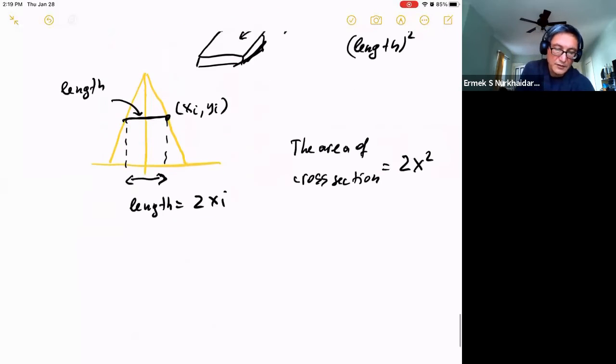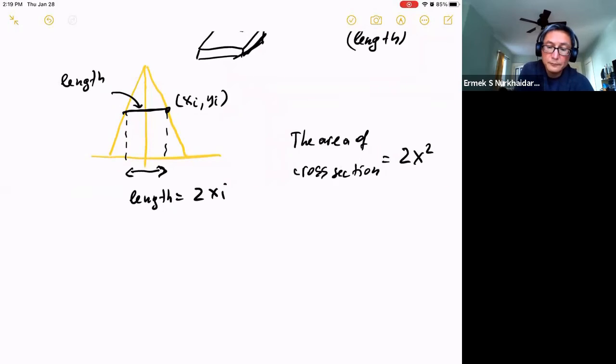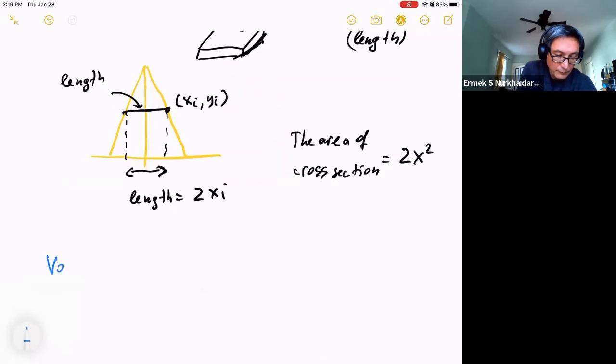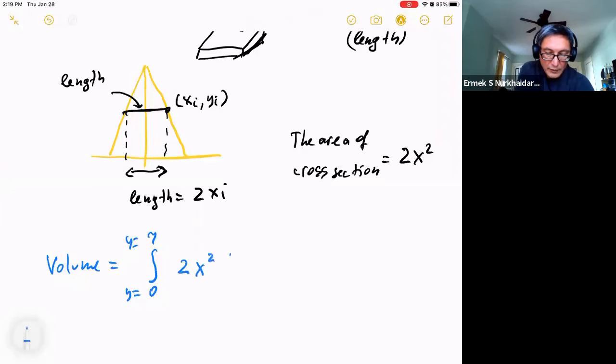Okay, so let's copy what we've got. Volume equals integral from y equals 0 to y equals 7 of (2x) squared dy.